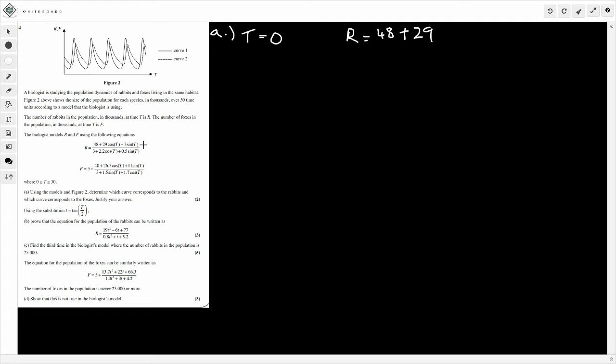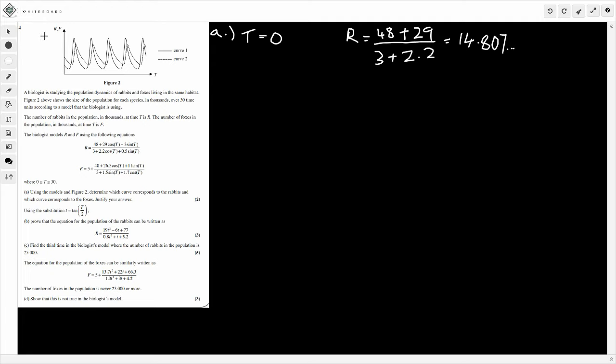Sine 0 is just 0, so that cancels, and the denominator is 3 plus 2.2. That gives us a value of 8.807. So that's the R value.